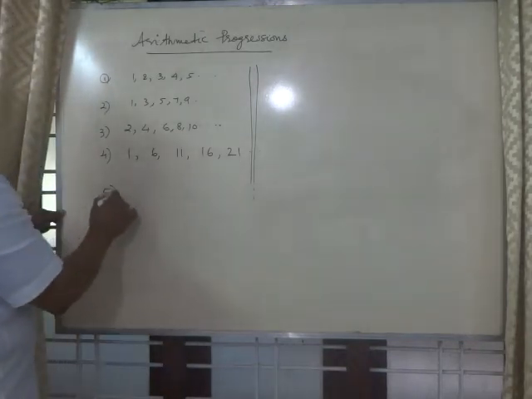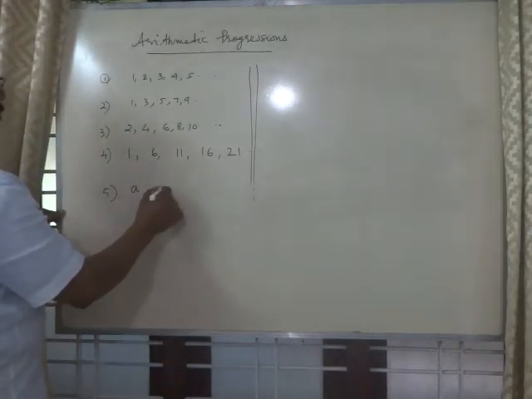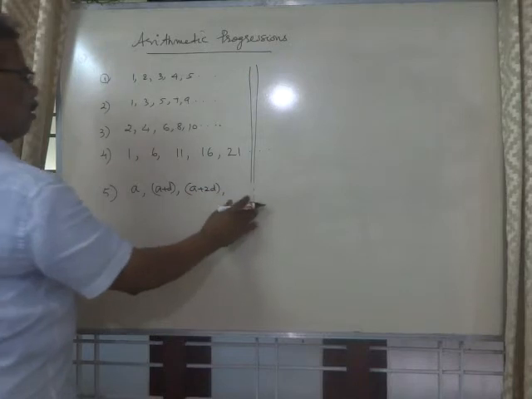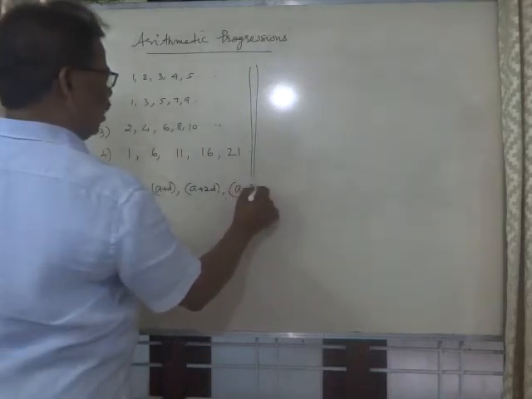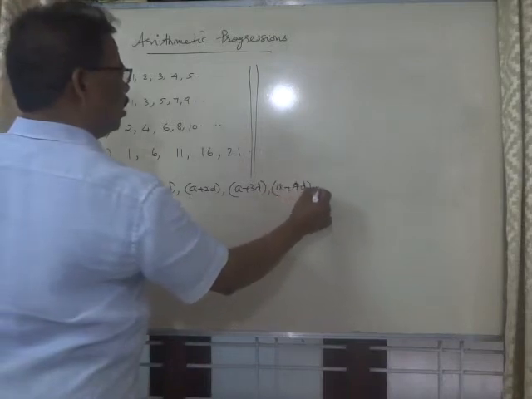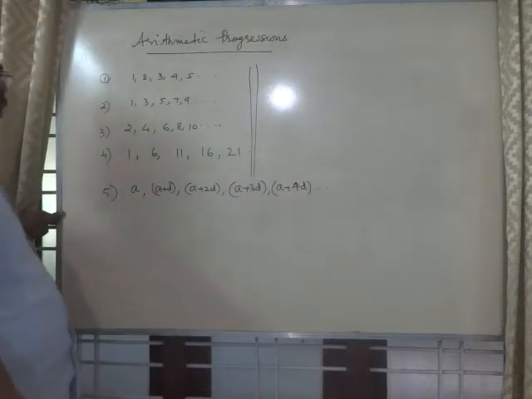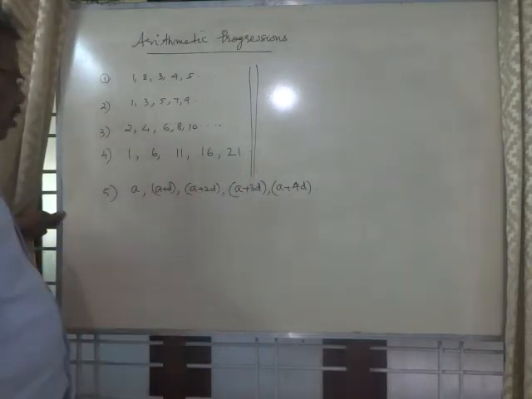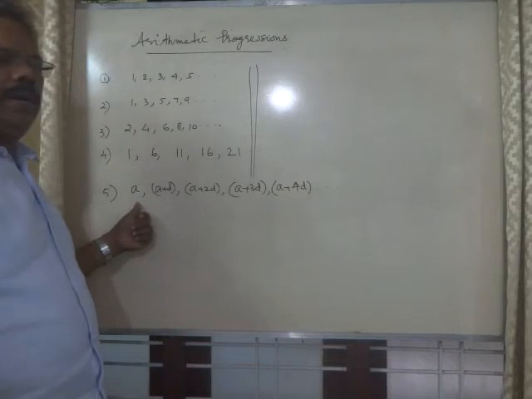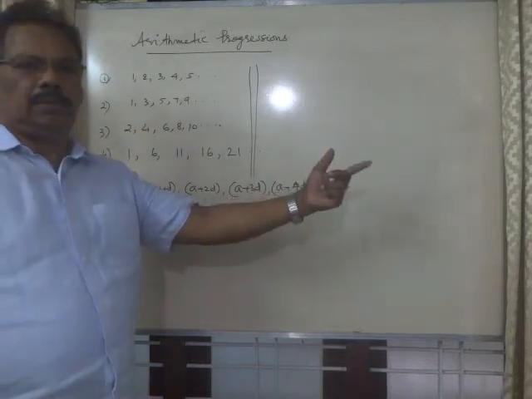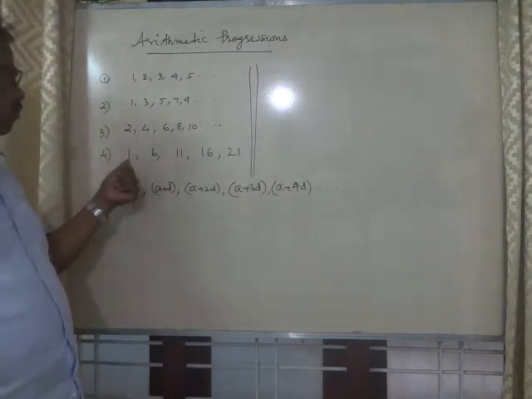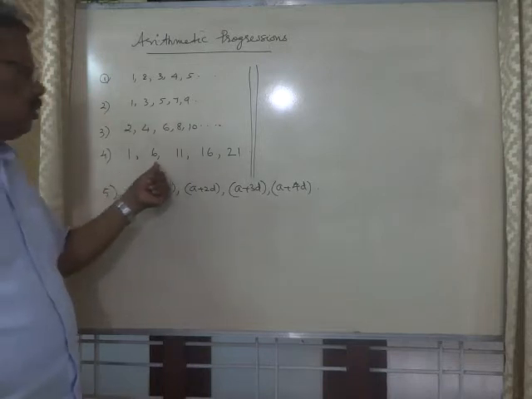Generally we can write A, A plus D, A plus 2D, A plus 3D, A plus 4D, etc. as terms of an AP, which begins with the first term A and a common difference in that sequence D. In this case, the first term is 1 and the common difference is 5.